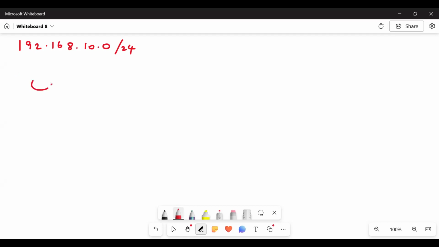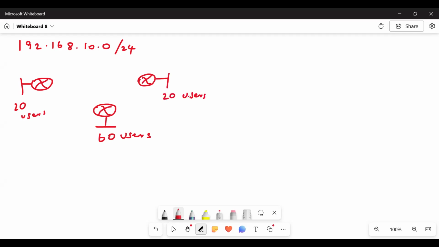So this is one router, and here is one more. Here there are 20 users, and this is 60, and one more, which is also 20 users.